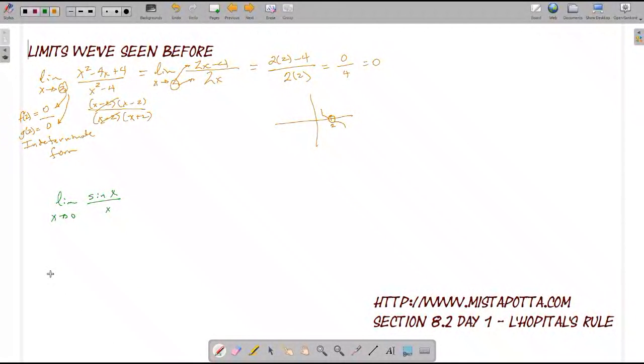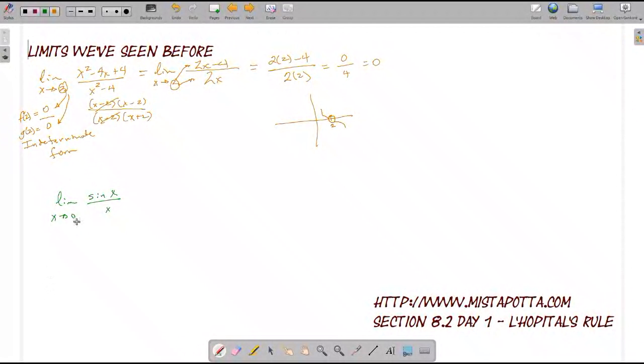And the way that we treated it originally back in chapter 2 is we looked at it from a graphical standpoint, and we noticed that the graph of this function tended to pass through the point 0, 1. We said that this limit had to be equal to 1.